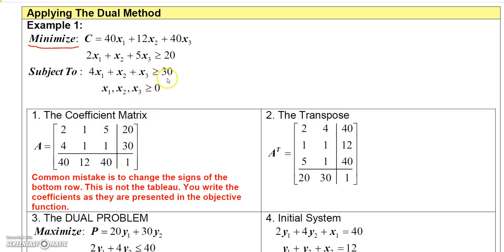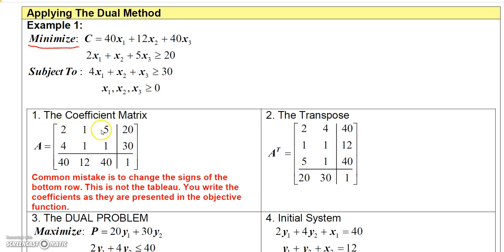My second constraint, 4, 1, 1, 30. And then my objective function, the coefficients are 40, 12, and 40. So put 40, 12, 40, and then we'll put 1 there for 1c. So that's my coefficient matrix.